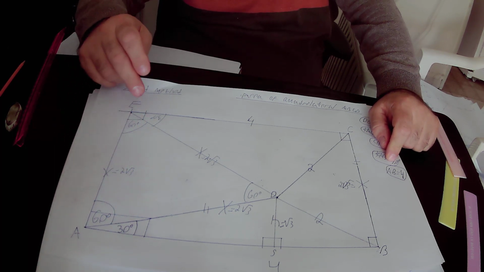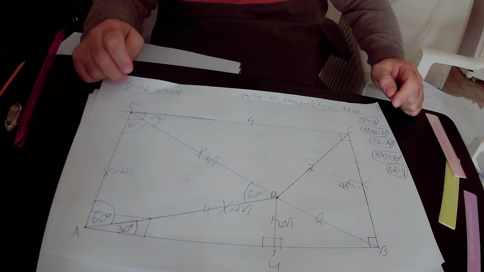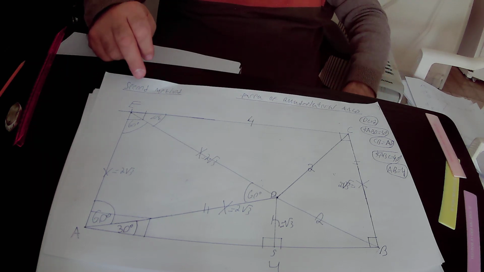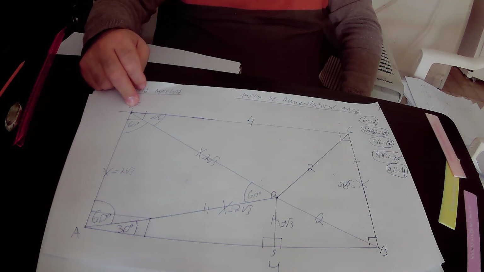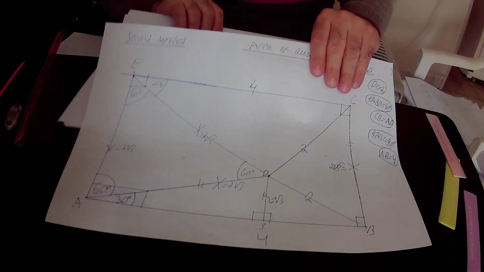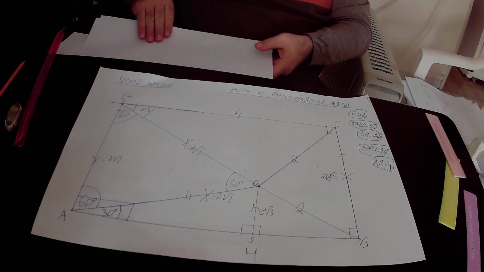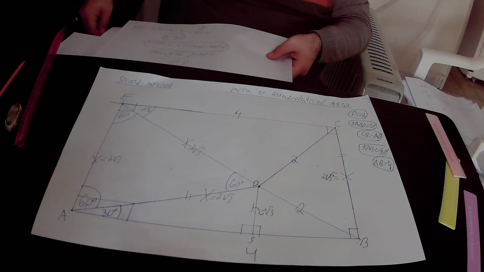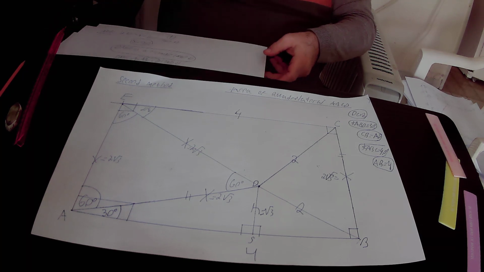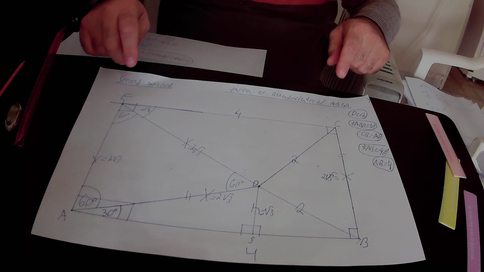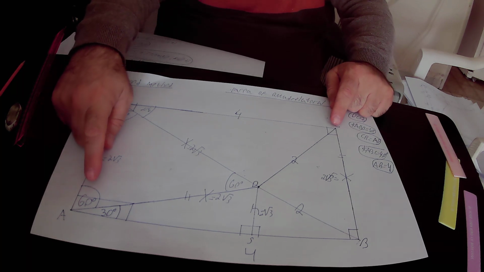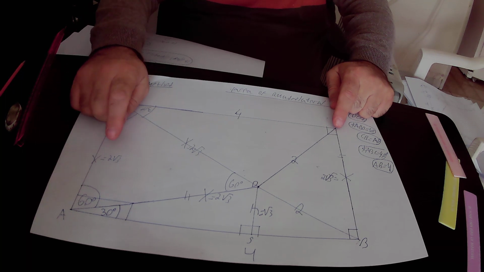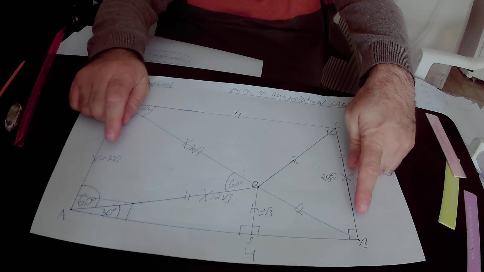And we defined the intersection point between the perpendicular from A and the perpendicular from C as point E. Here we created two right angles by drawing two perpendiculars, and this angle is a right angle because it is given in the question.